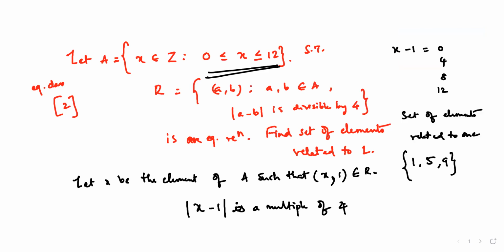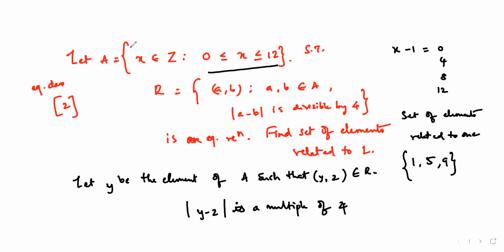Done. Yes, sir. I will finish, one more point and it will be over. Right, now let y be the element such that (y, 2) belongs to R, for finding the equivalence class. Okay, so what will this become? y minus 2 will be a multiple of 4.